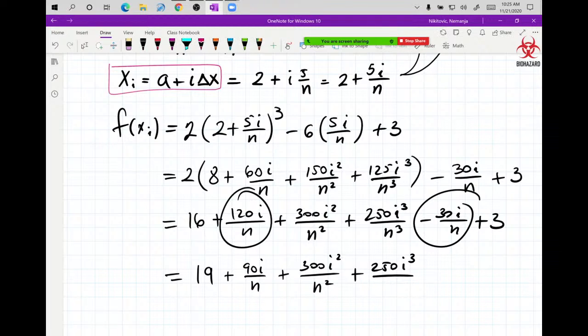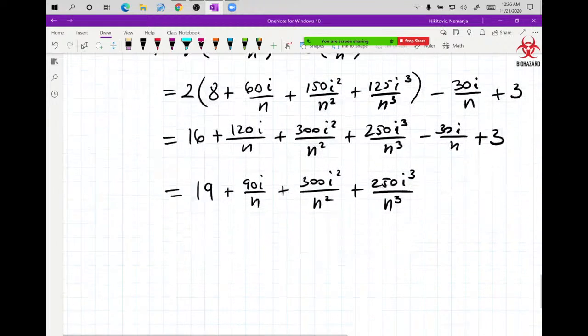Bring this up during your Thanksgiving dinner. It is a lot of fun for the whole family. All right. There it is. I got my f of xi.